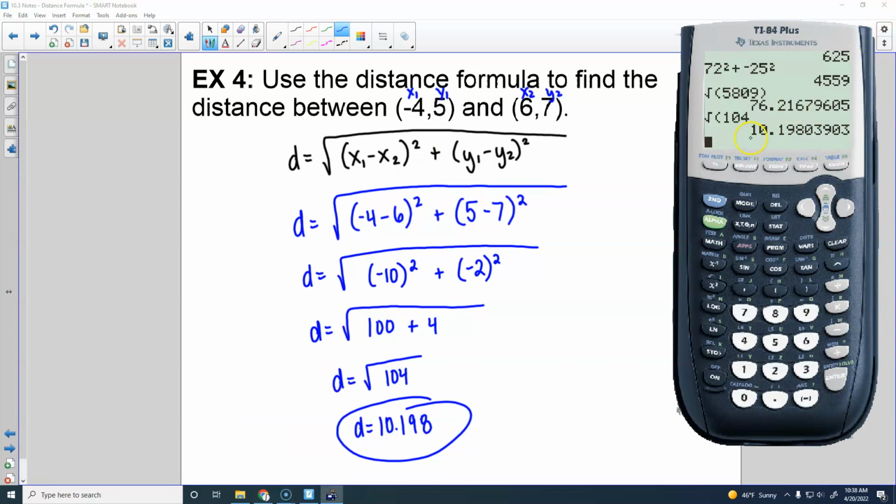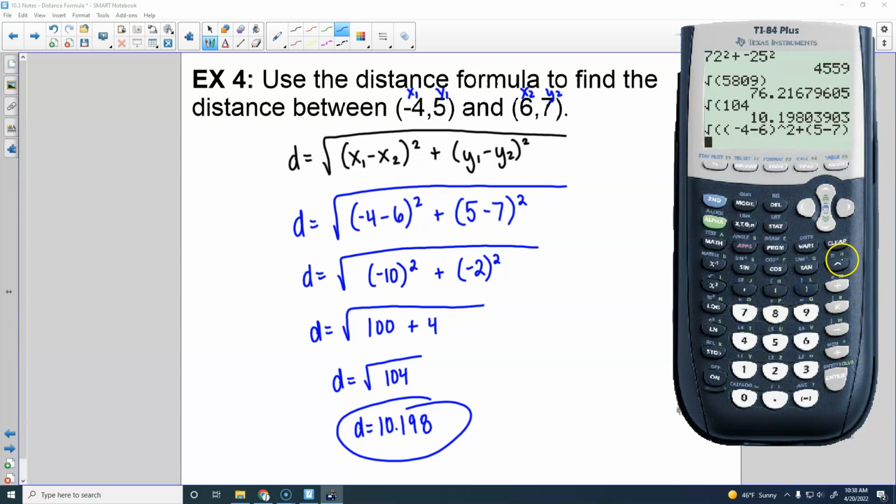Now you can, at the very beginning, do the calculator. Yes, you will have your calculator. And all answers will be decimal answers. You can do this from the very beginning in the calculator and not do those steps, but you must be careful if you do that.